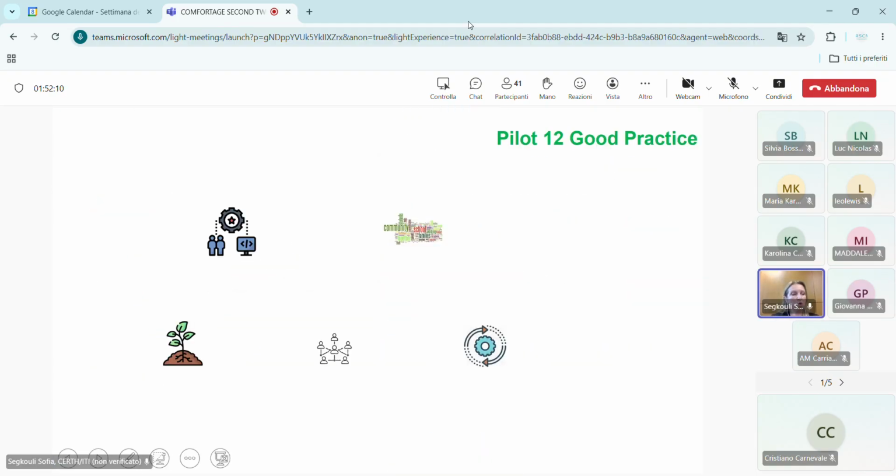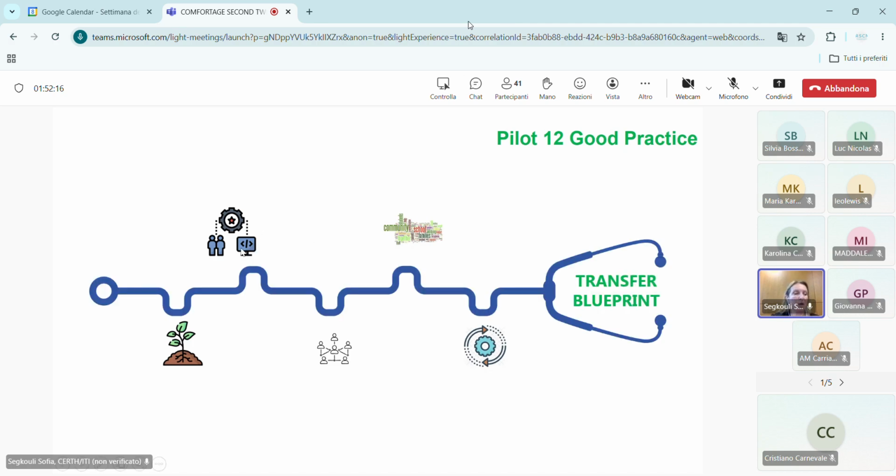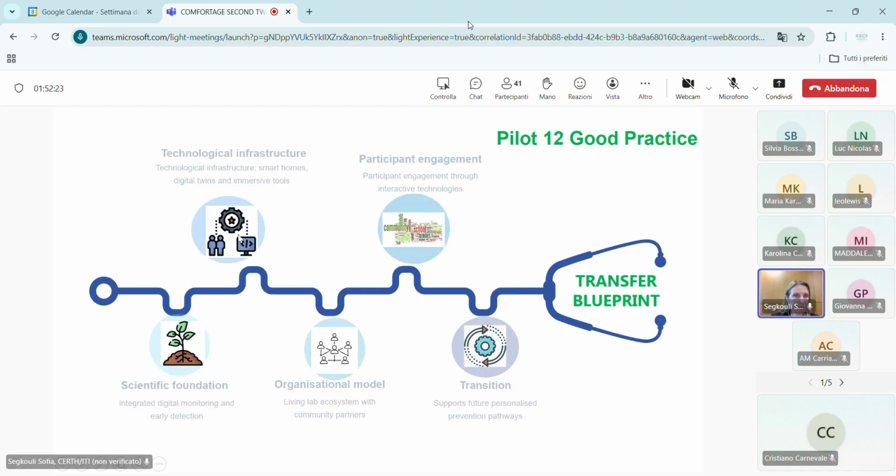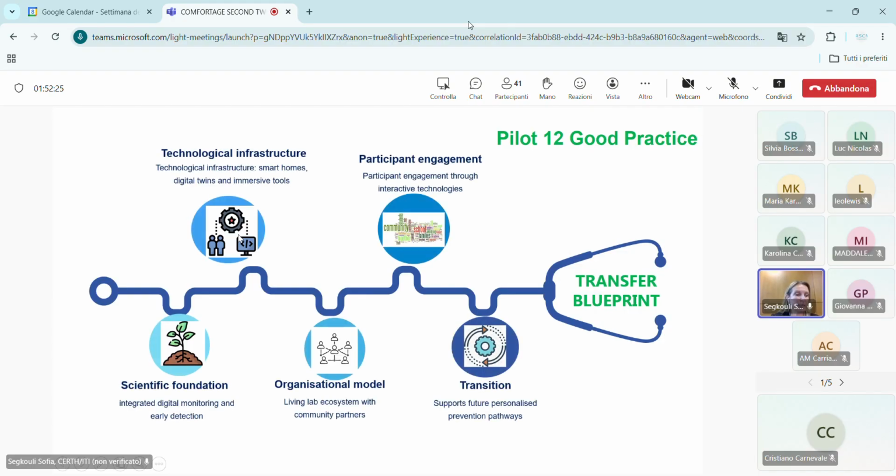Yes, and also concerning the good practices of our pilot towards blueprint transferability, we have the technological infrastructure, participant engagement, scientific foundation, organizational model, and transition.